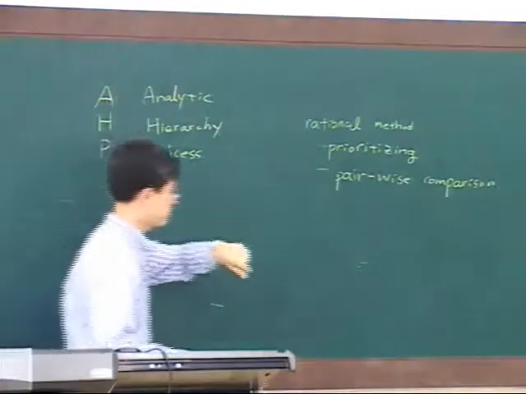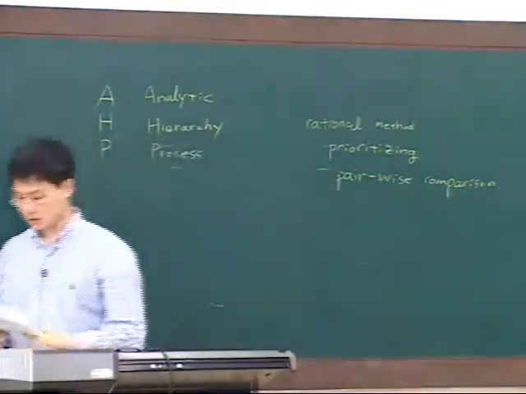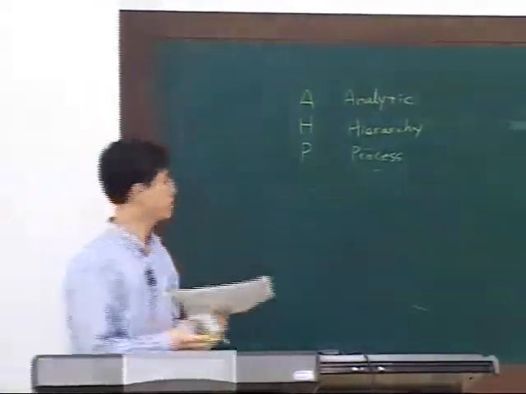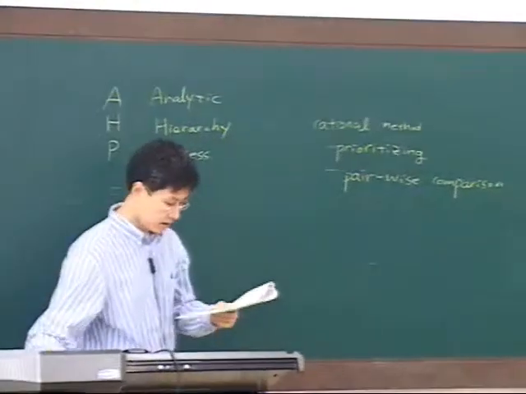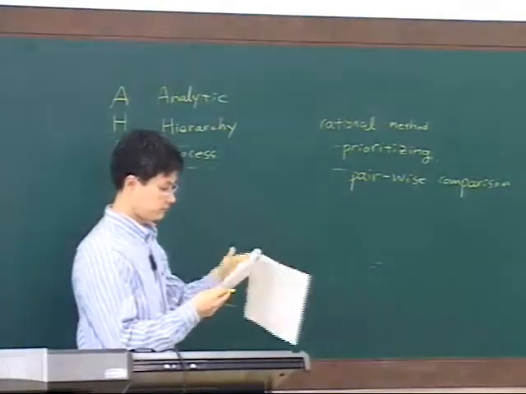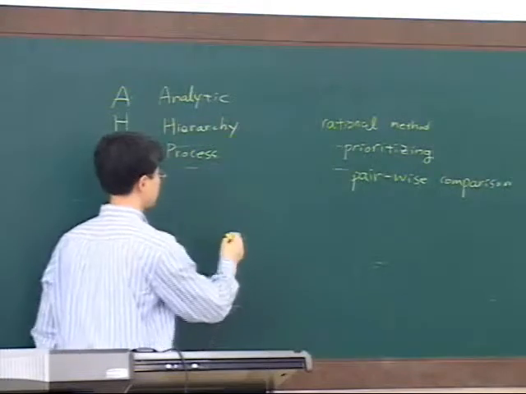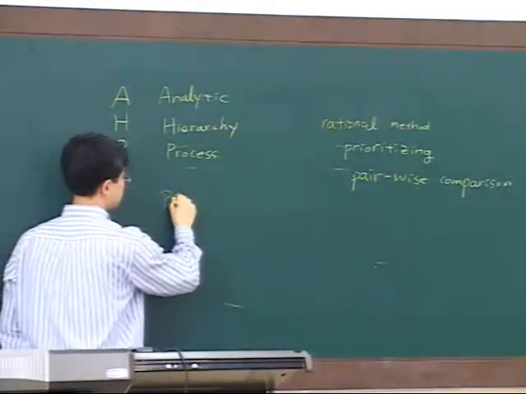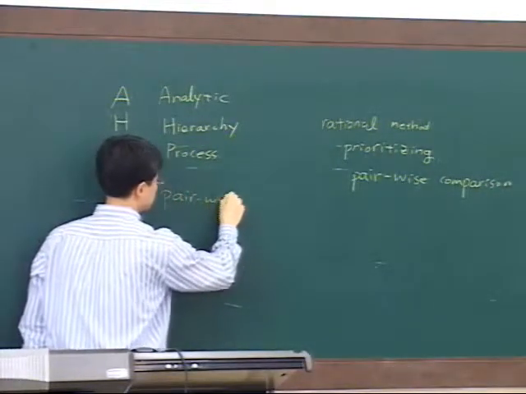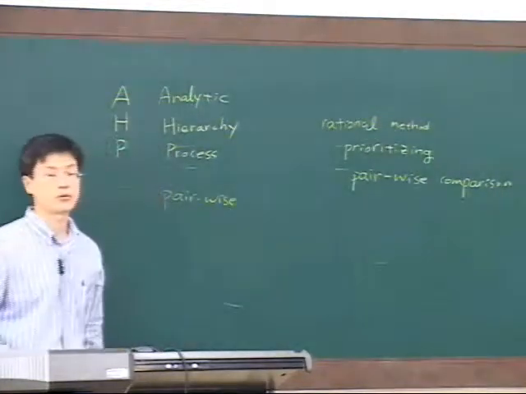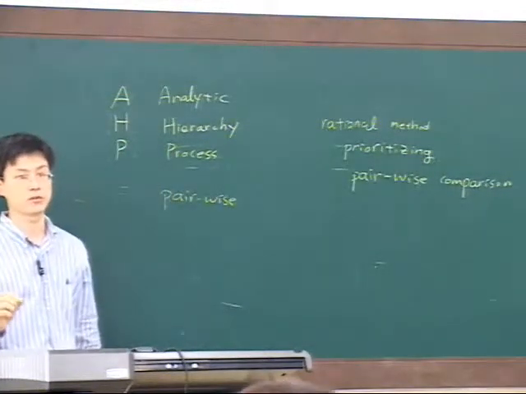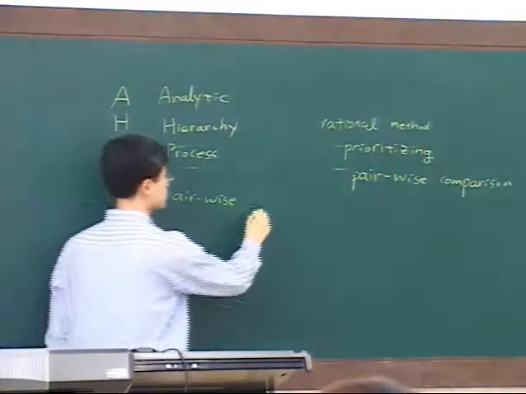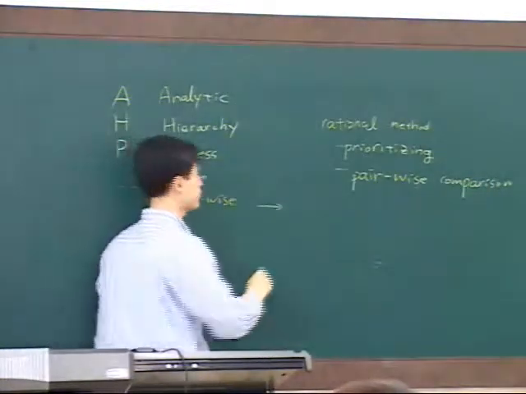This is AHP. We have only 15 minutes left. The first step is to put in the values pairwise, and then based on that, build a matrix.